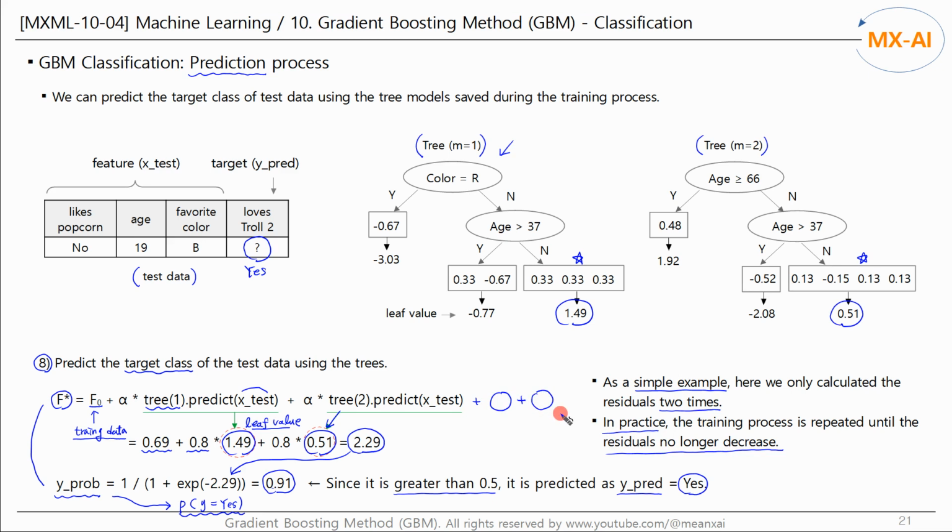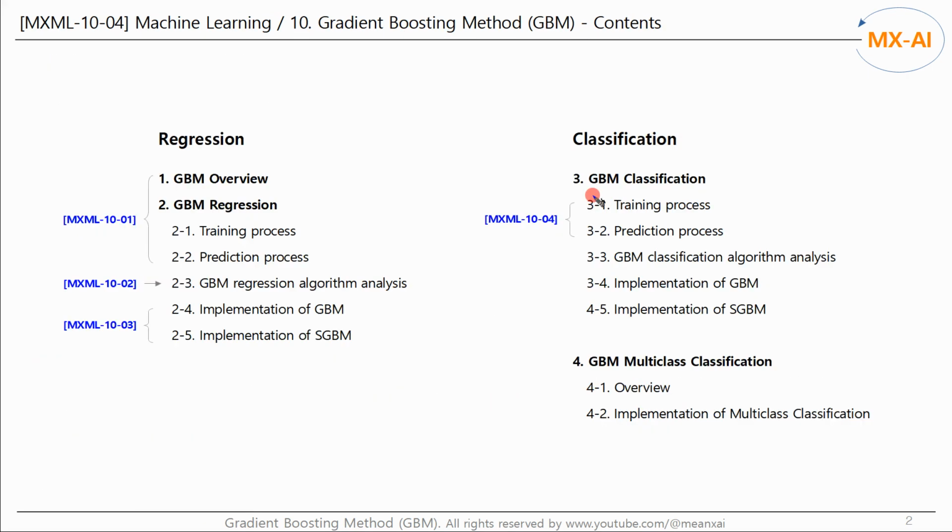And since the residuals continue to get smaller, the values to be added will also get smaller. So far, we've looked at the training and prediction process for GBM classification through a simple example. In the next video, we will analyze the GBM classification algorithm in more detail.